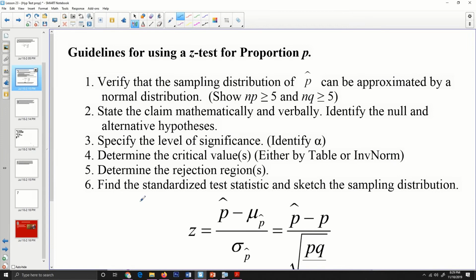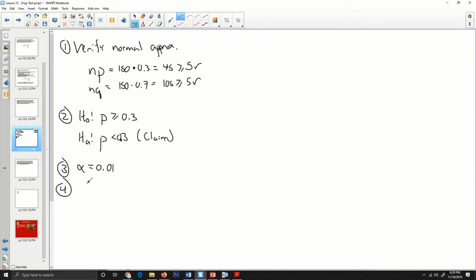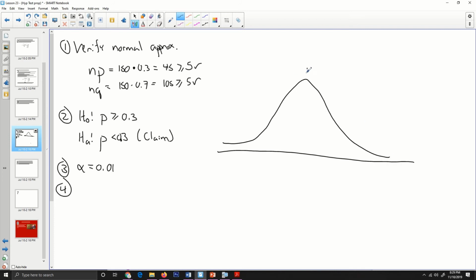All right, so let's think about what we got here. Again, we test the alternative hypothesis.